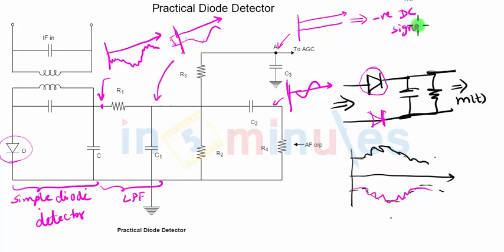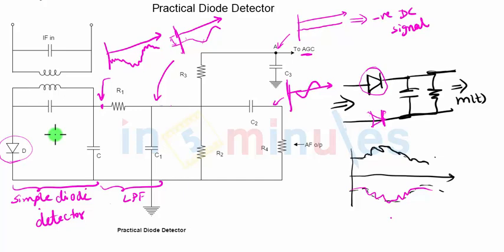Now we are saying that this negative DC signal is given to the circuitry called AGC. AGC stands for automatic gain control. We will discuss AGC separately, why we need AGC and what exactly AGC does. As of now, all you need to know is that AGC requires a negative DC signal that comes from the input signal, the signal which we have received.